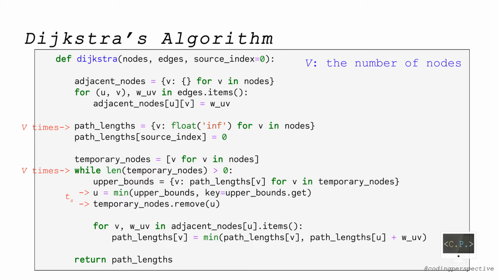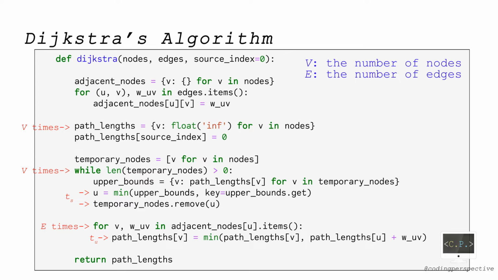Then we have another loop in which we update the path lengths. This loop is over each adjacent node of u. Since different node u's iterate in the while loop, considering the outer and inner loops together, the path length update operation repeats e times, where e is the number of edges. For now, let's say that the update takes tu time per iteration, where u represents the first letter of update.